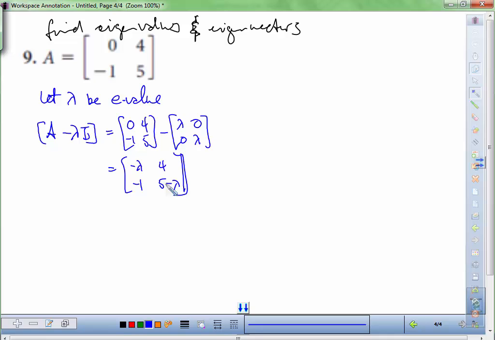So we want to find the null space of this thing. So we have minus lambda, 4, minus 1, 5 minus lambda. And then if we try to do some row reducing or whatever... Oh, did I really want to do this?